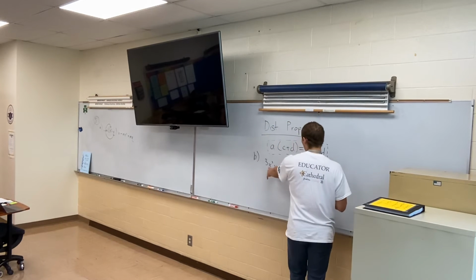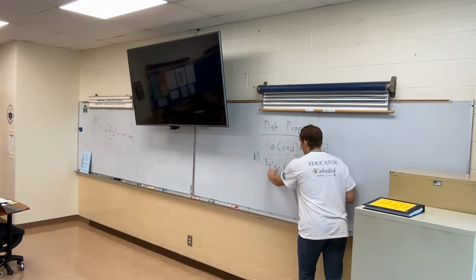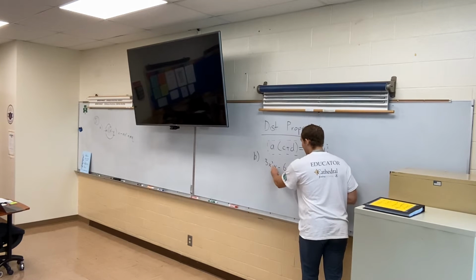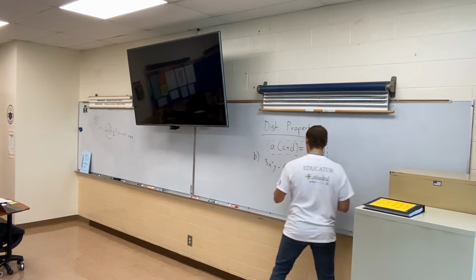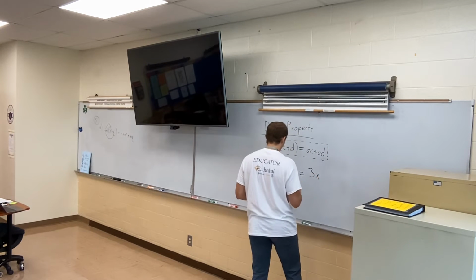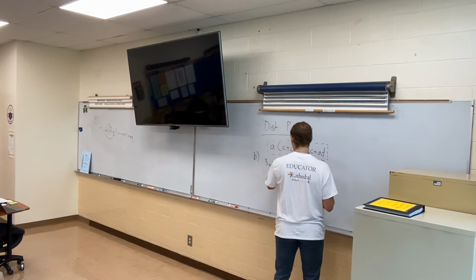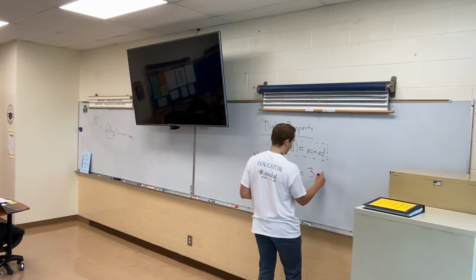And then I pull out whichever variable has the lower degree. This has an x squared, and this has an x. So I pull out an x. And then a y or a y cubed? I take the lower one, y.